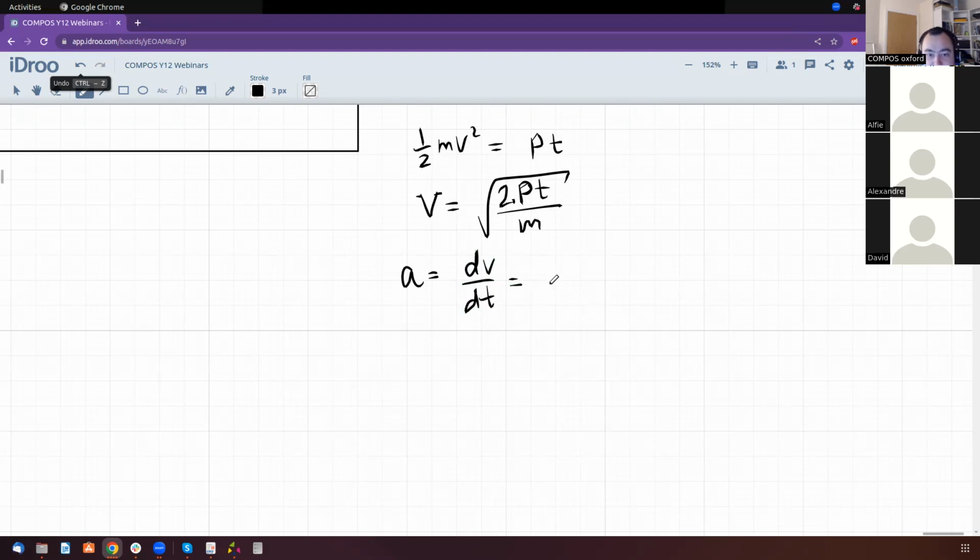So that would be 2p over m multiplied by 1/2 times t to the power minus 1/2. In other words, that's going to be square root of p over 2t. So what's the initial acceleration according to this?